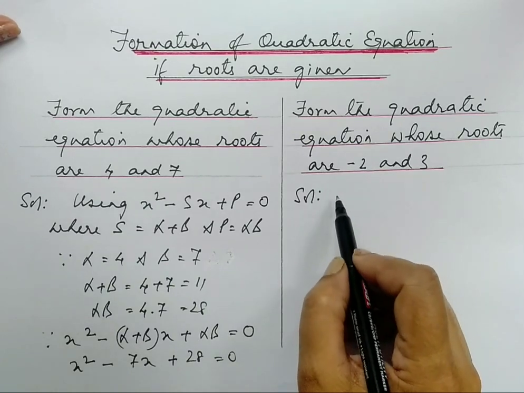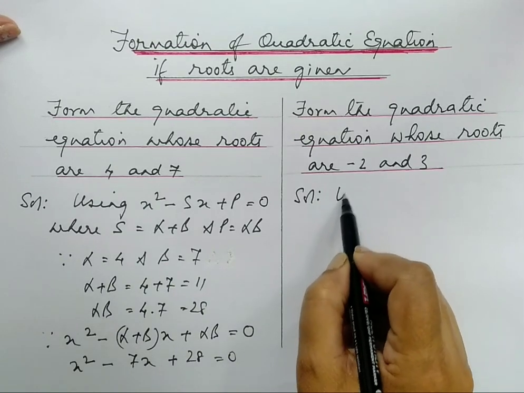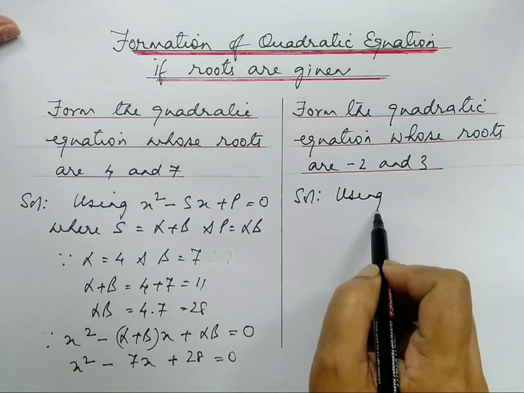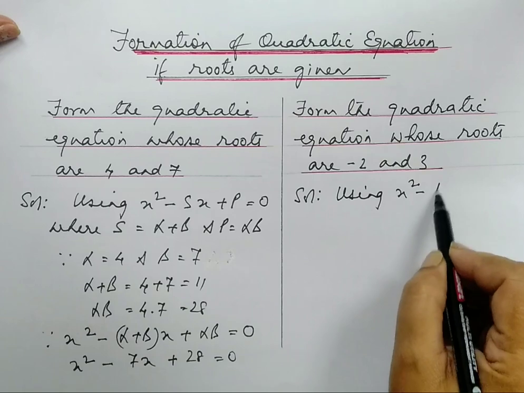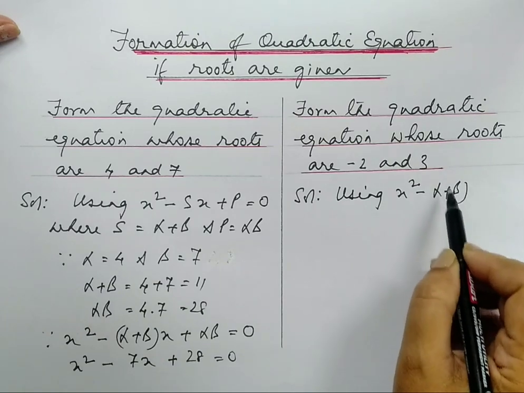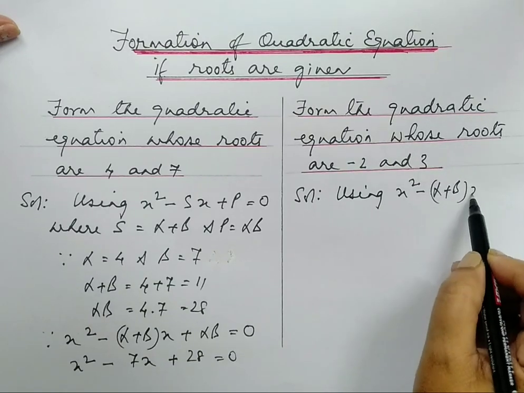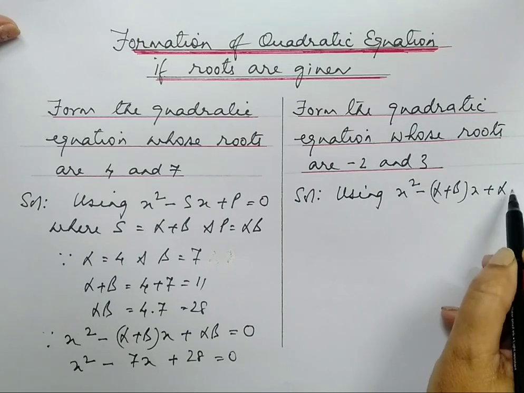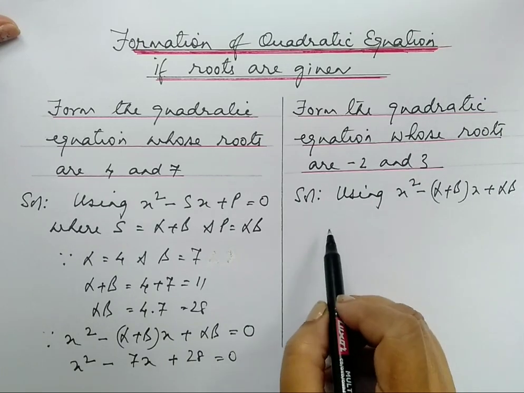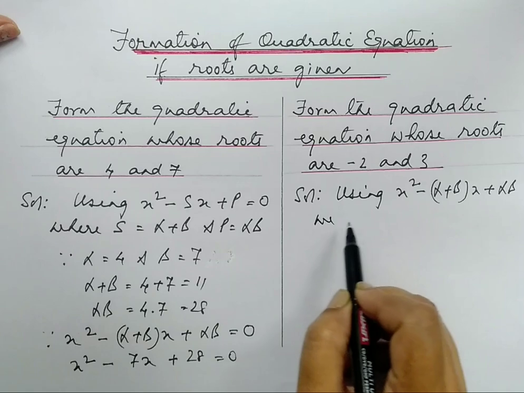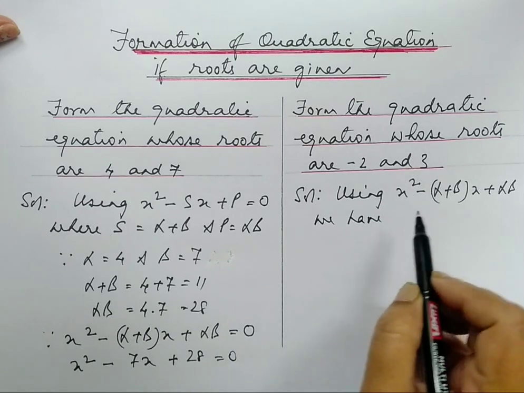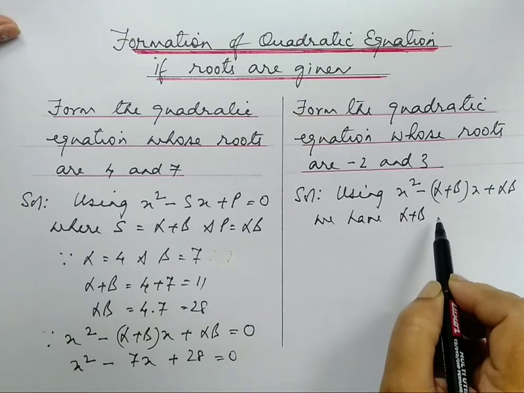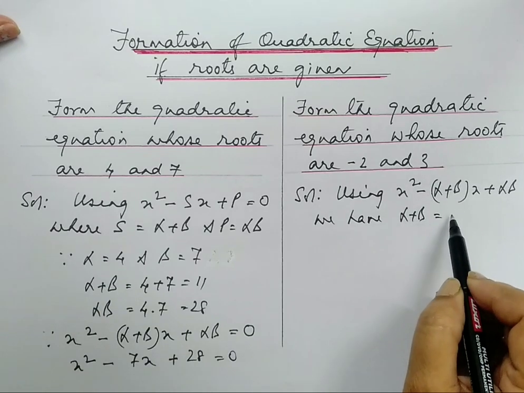So again we are using the formula x square minus (alpha plus beta) x plus alpha beta. We have alpha plus beta equals what?